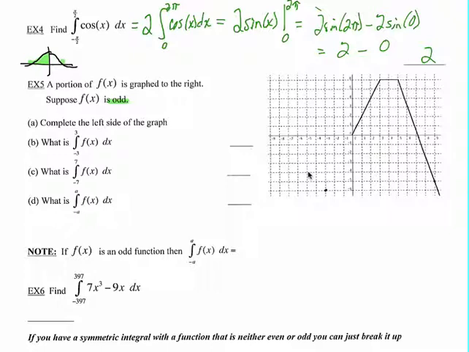This is going to come down to there. It's going to go across like that, go up to 7, and then continue along from there. All right. So we have completed the left side of the graph.